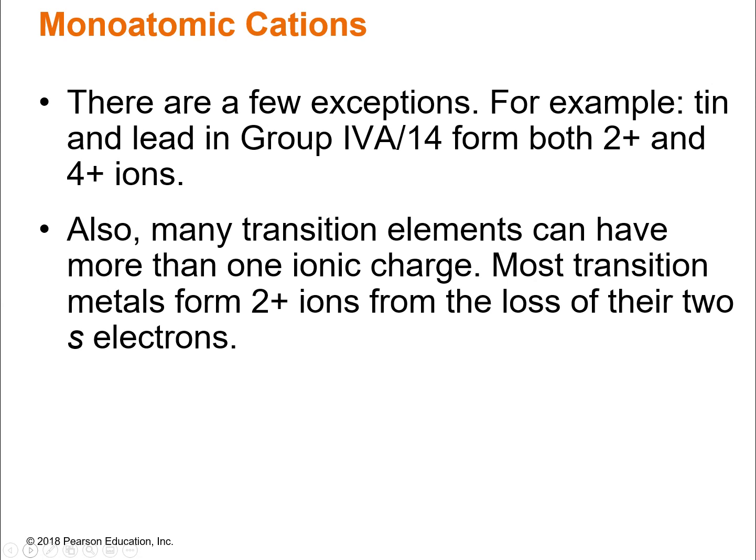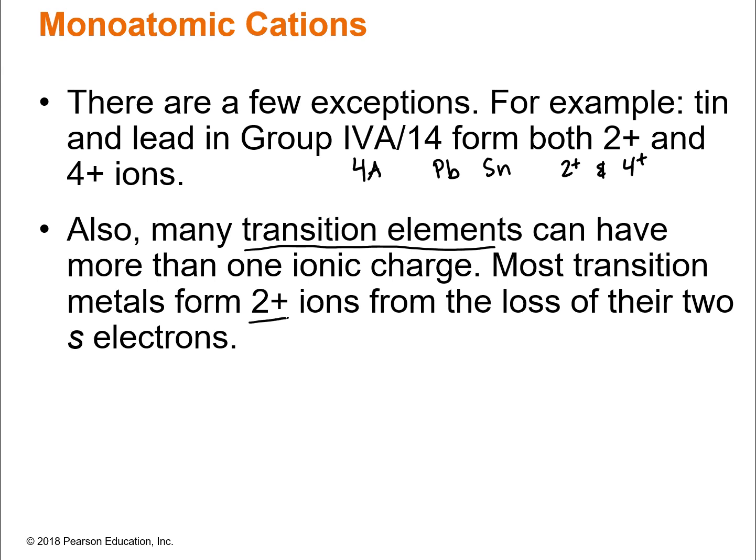Now, of course, there are some exceptions. In group 4A, lead and tin can form multiple ionic states. They can form a 2+ and a 4+ ion. Also, there are lots of transition elements, and they can have more than one ionic charge.